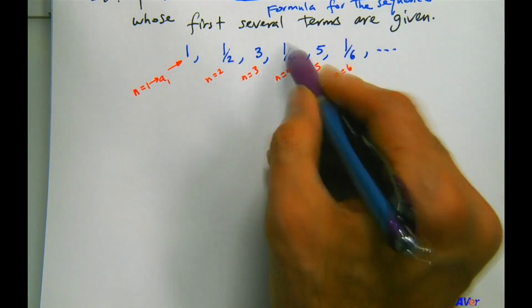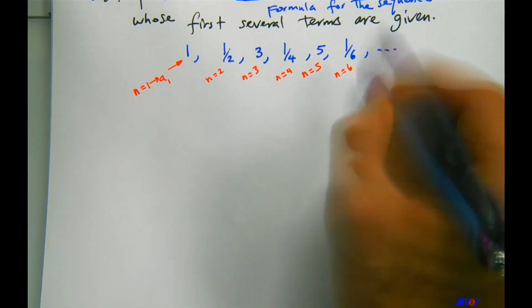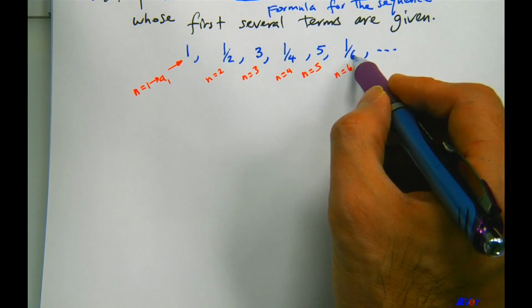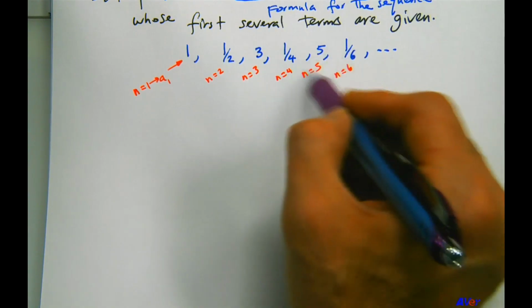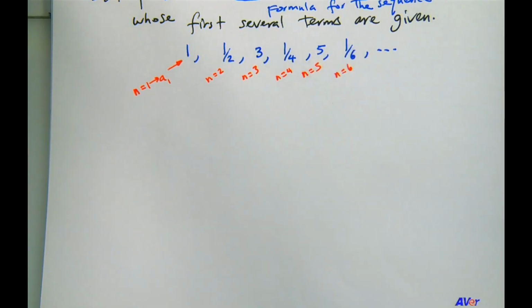This is the fourth digit, and 4 is the denominator. This is the sixth digit, and 6 appears in the denominator. But if it's an odd position, like 5, the number itself equals the position number.